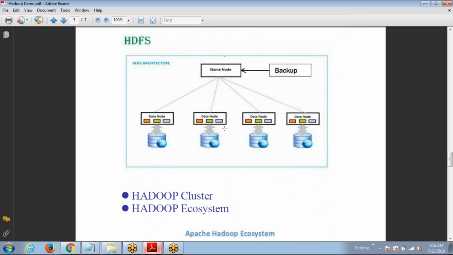This is the typical Hadoop HDFS cluster. On top you will have the master, and under that the slave computers. The client assigns some work to your master, and the master is the one that distributes that work. We saw the example of finding the maximum temperature: your boss assigns work to you, and you assign that work to the workers. Those workers have to get the data, keep it with them, and perform whatever task you assign.